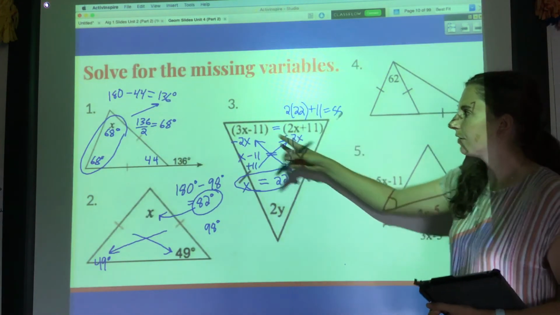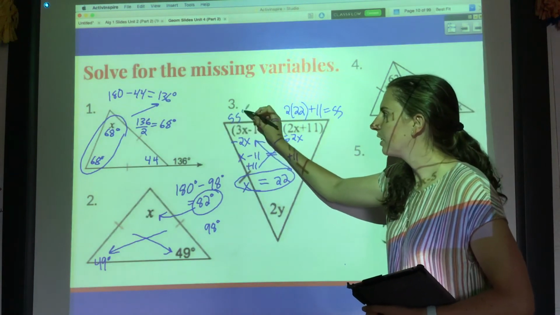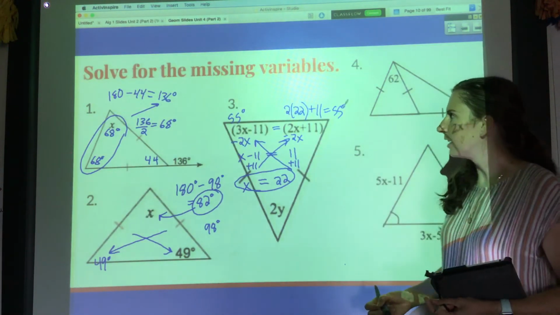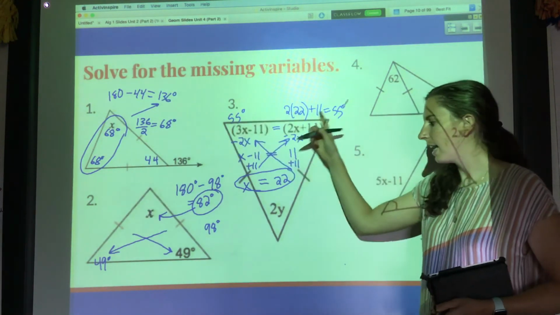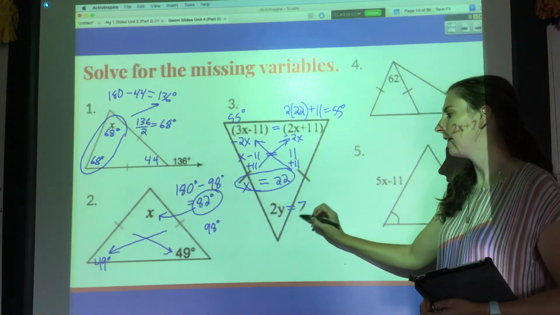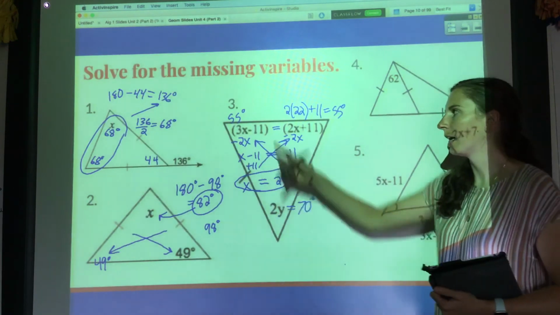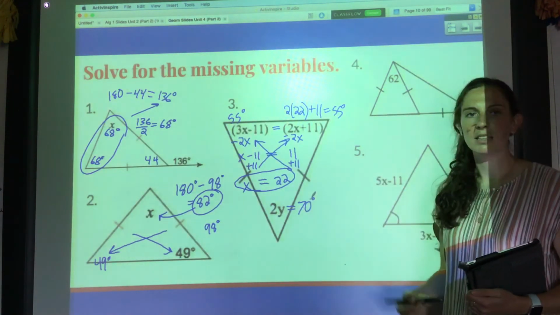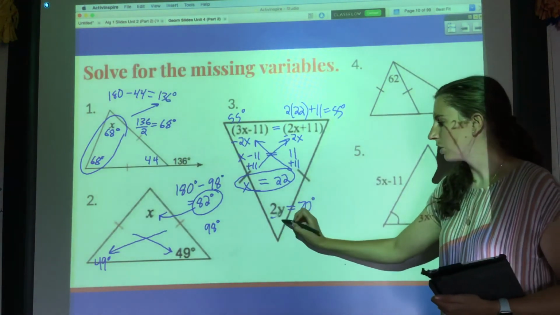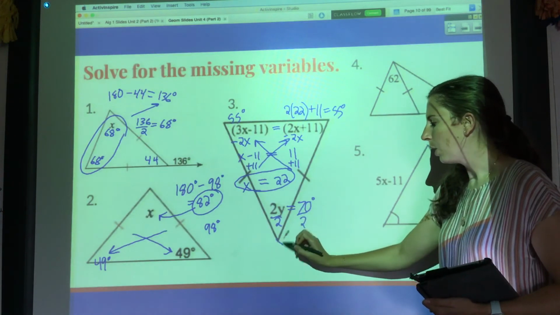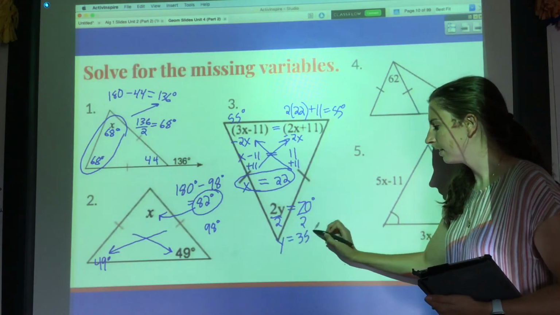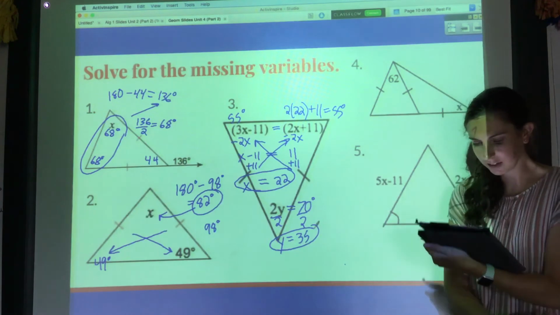And if this one's 55, this one's also 55 degrees. And so together that's 110, leaving me 70 degrees for this last angle, because 180 minus 55 minus 55 leaves 70. So just divide by 2, and y is 35. That's my other variable there.